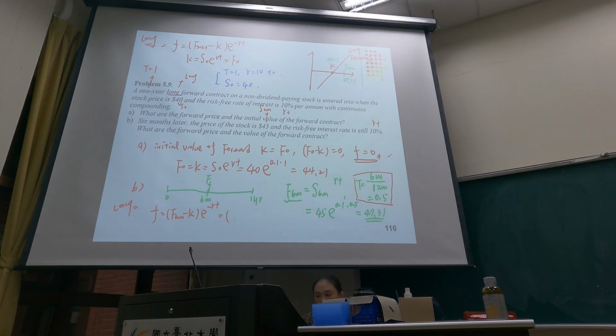So it equals 47.31 minus your K, which is always the same in a contract, 44.21, times e to the power of minus 0.1 times 0.5. Then you figure out the forward value 6 months later. Remember, it can be positive or negative. In our scenario, it's positive, because 6 months later, your F goes up.